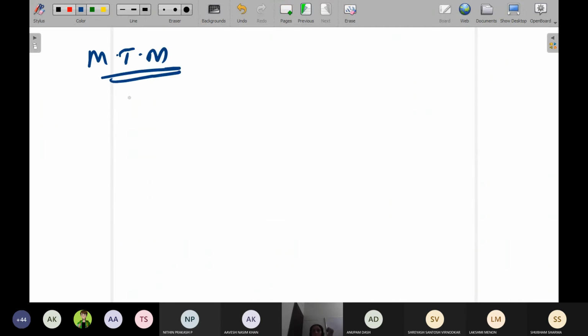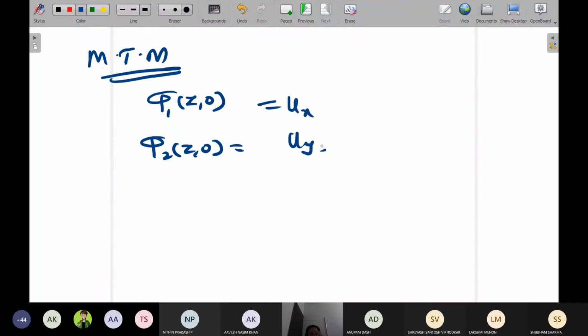Milne-Thomson method, write the full form. Milne-Thomson method says you take phi 1 of z comma 0 is equal to ux and phi 2 of z comma 0 to be uy.